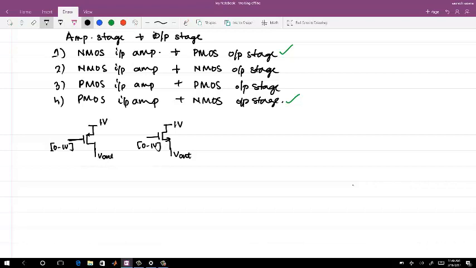If higher frequency is not the requirement and you can go to a lower voltage, then you use an NMOS output stage. It's not used here, but just for your information, when we want to use a voltage mode transmitter where the supply is very low, there you can use an NMOS output.